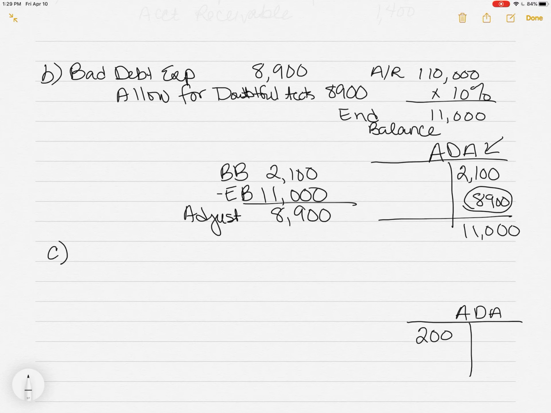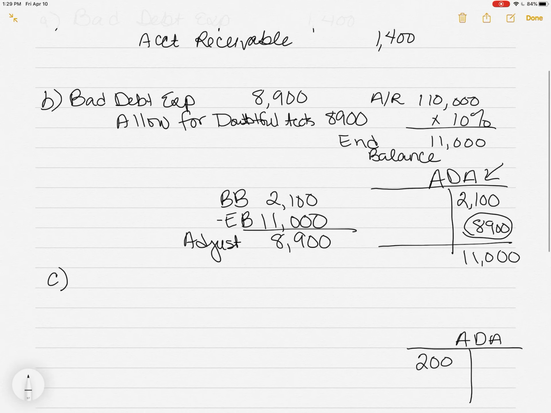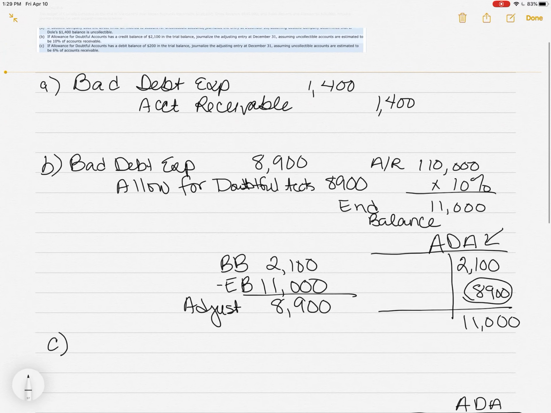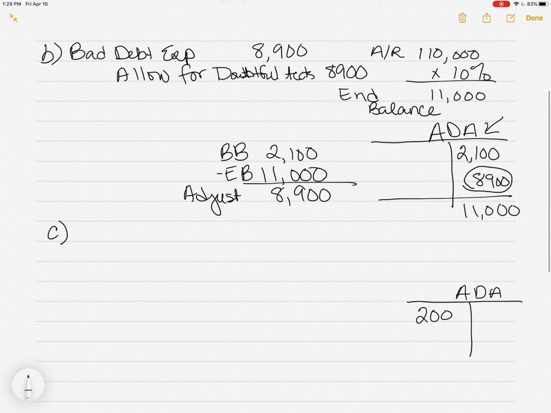More people didn't pay us than what was expected. In this last situation in C, their estimated uncollectibles are to be 6% of accounts receivable. Our accounts receivable stay the same at $110,000, but now we're going to times it by 6% to get to that amount of $6,600.